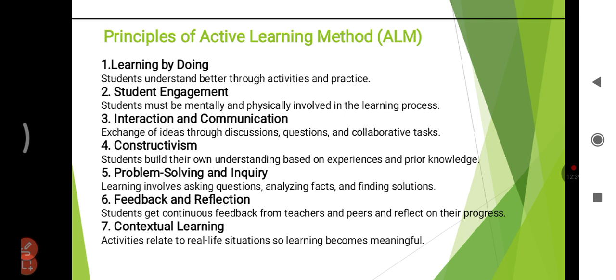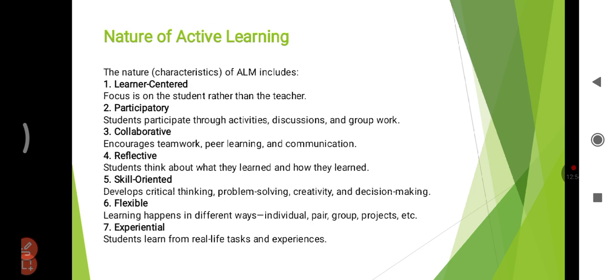Then the principles of active learning method: learning by doing, student encouragement, interaction and communication, constructivism, problem solving and inquiry, feedback and reflection, contextual learning. These are the principles of ALM method. The nature of ALM method: learner centered, participatory, collaborative, reflective, skill oriented, flexible, experimental.